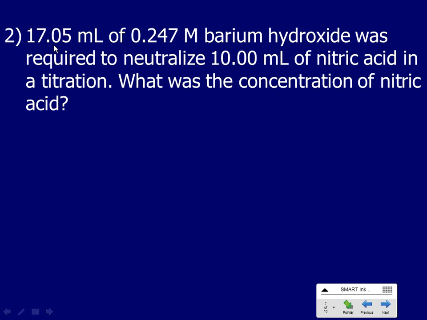And we just did 2 examples of those. They're the same. This one, be careful because we're doing barium hydroxide, which is Ba(OH)2, and nitric acid is HNO3. So we're going to have a 2-to-1 ratio in there. Your mole ratio won't be 1-to-1. Ooh, that's the trick on that one. I think you can handle that.